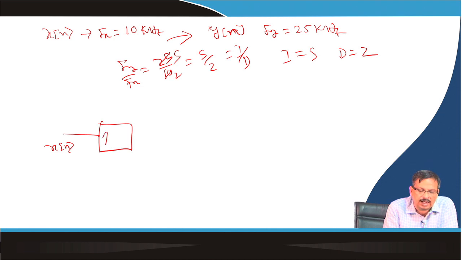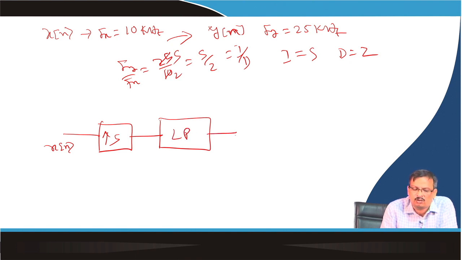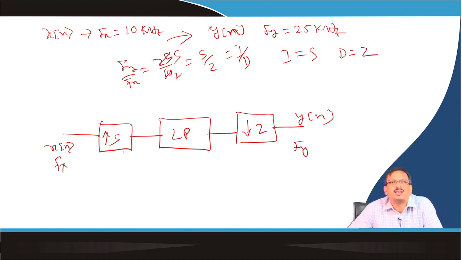Upsample by 5 times, then the low pass filter LP, then it has to be downsampled by 2 times and I get y of n. So this is Fx, this is Fy. Upsample by 5 times, downsample by 2 times.